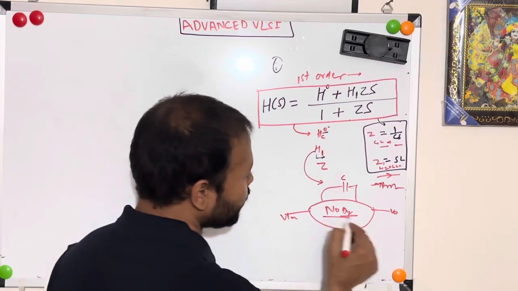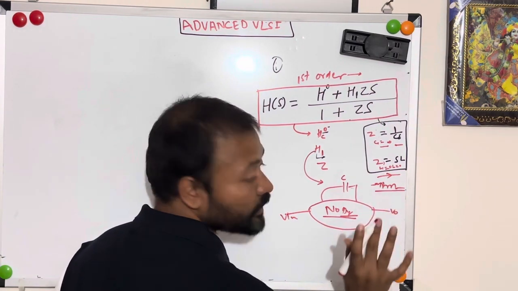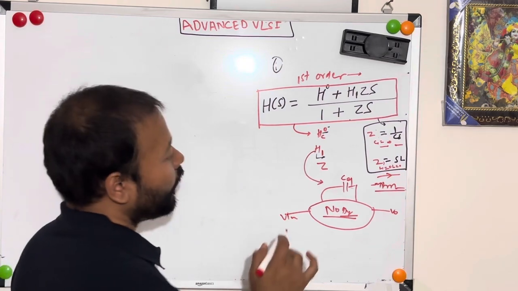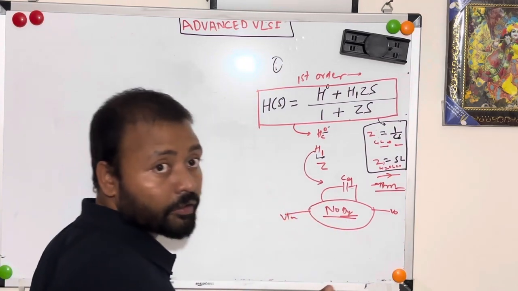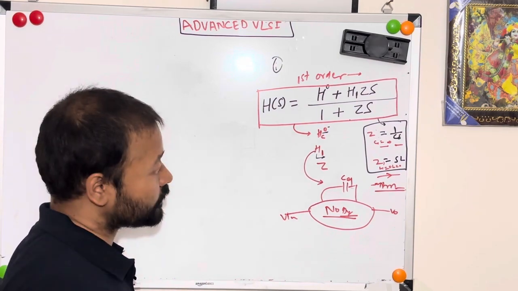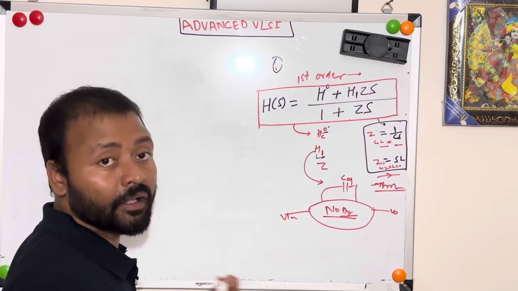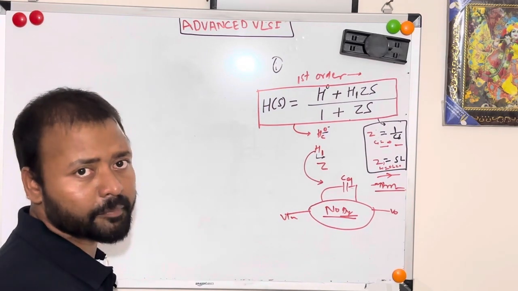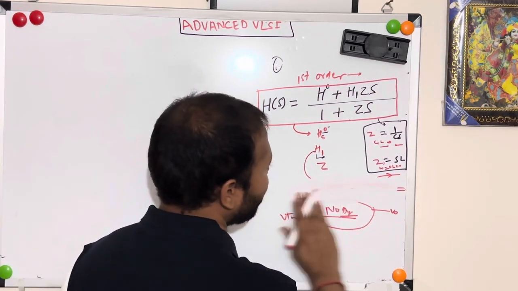You just find the equivalent C, and if one C equivalent is present, meaning one energy storage element, then it will be a first order system. Okay, now come to the point.